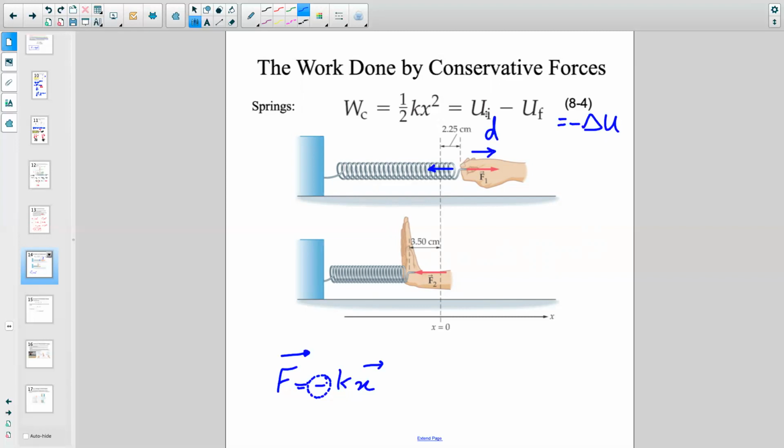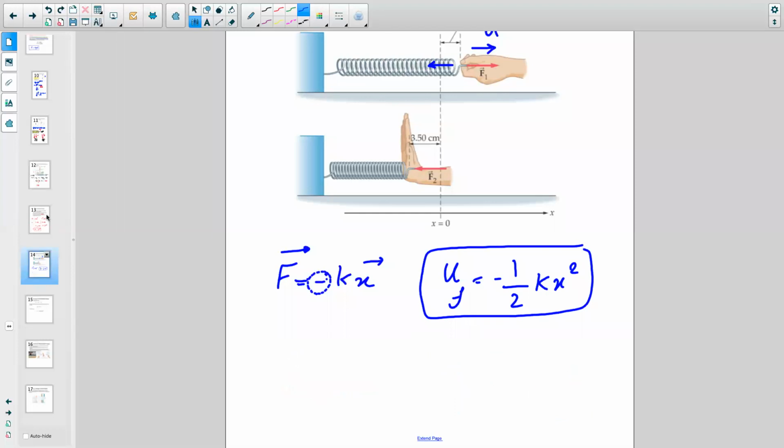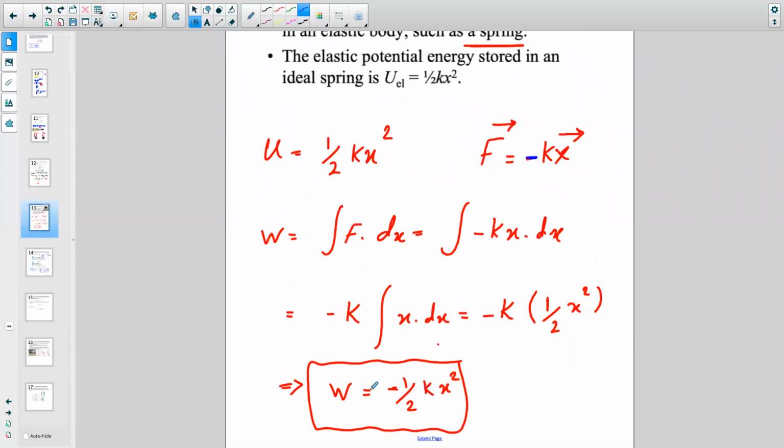If it's initially located at the unstretched or standard position, then it does not have any potential energy stored in it, because it's just at this relaxed position. So this is 0, and then you have negative U final equals half kx squared, which is the same thing that we talked about over and over right here.